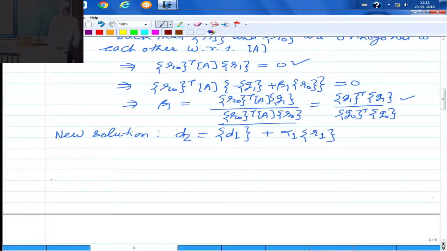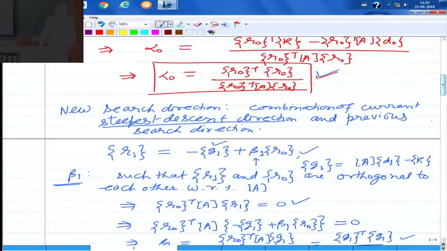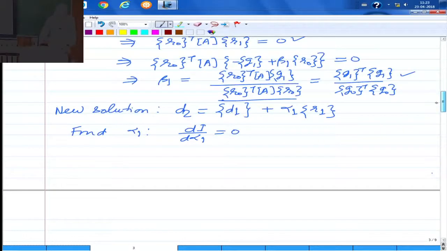So how do we find alpha? Again by minimizing. You find alpha 1 by setting d phi by d alpha 1 equal to 0, and as we have done earlier, the solution is going to be similar. You can derive the expression for alpha 1 in this case.